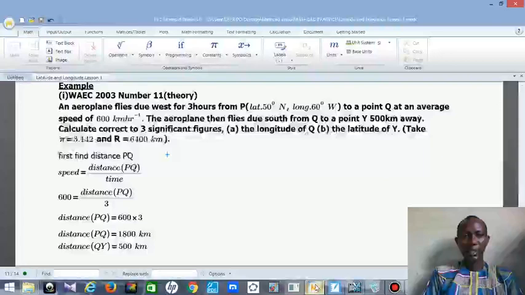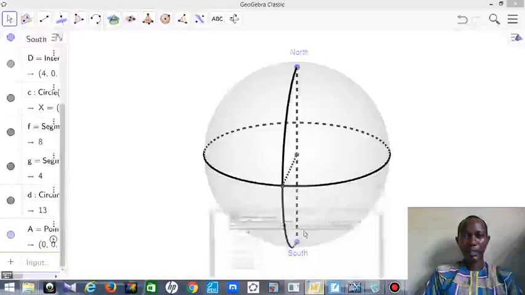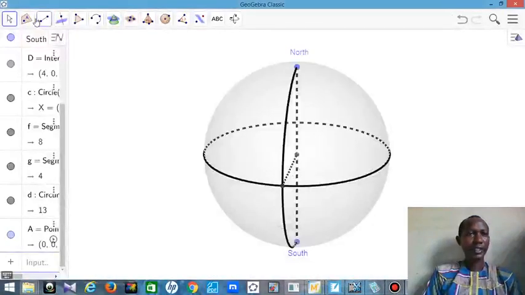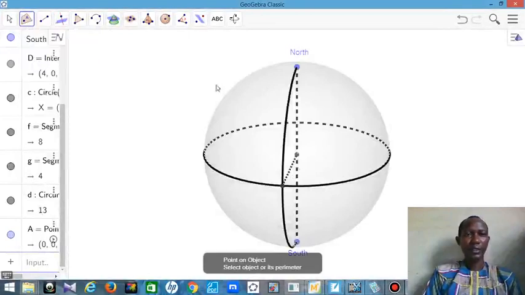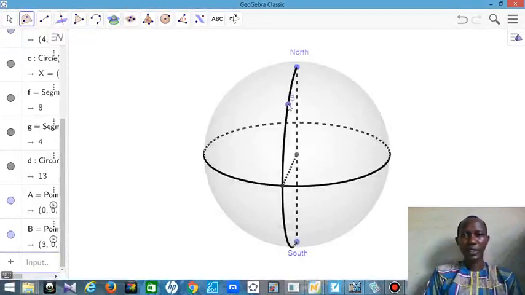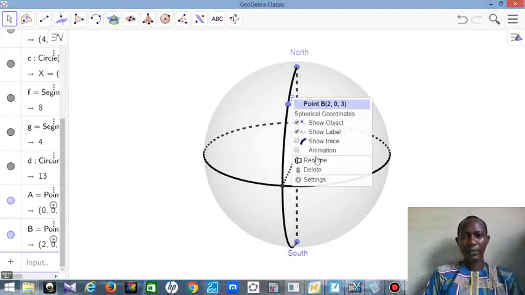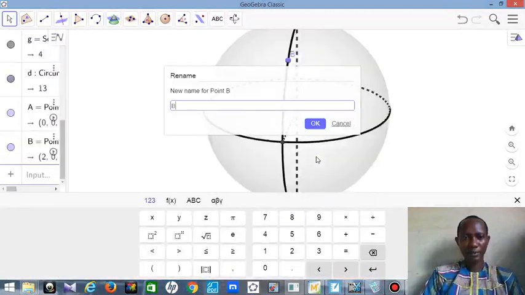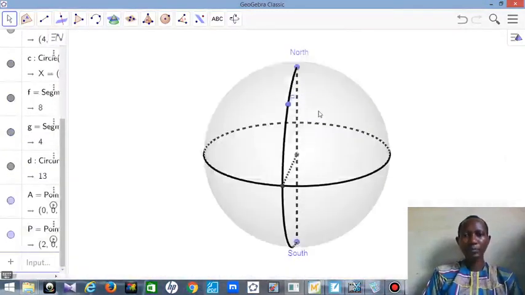It started from point P, and what is the latitude? 50 degrees north, 60 degrees west. Okay, so you need a point here, and that point is called point P.